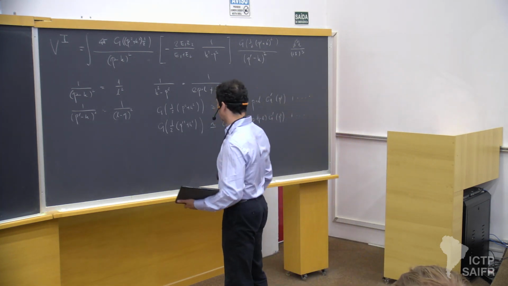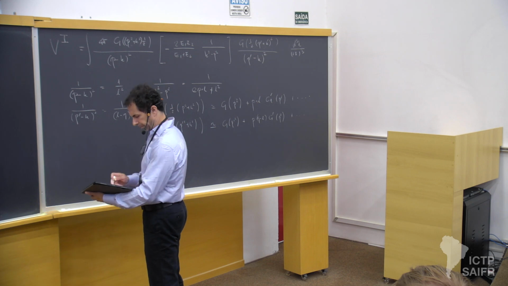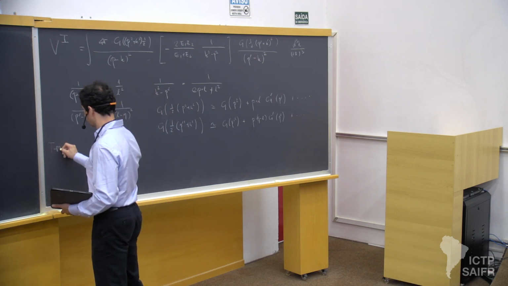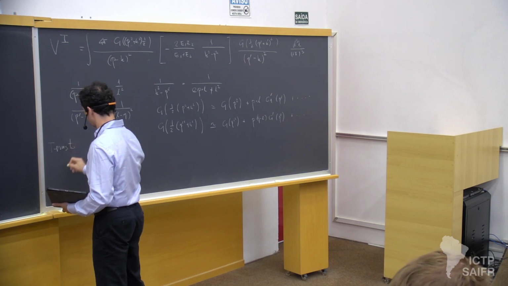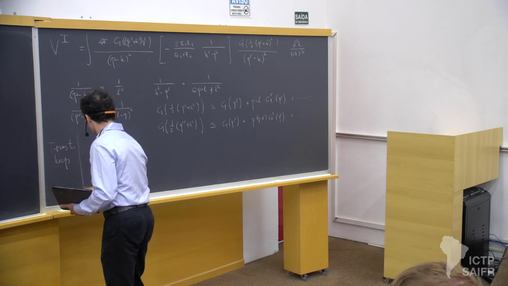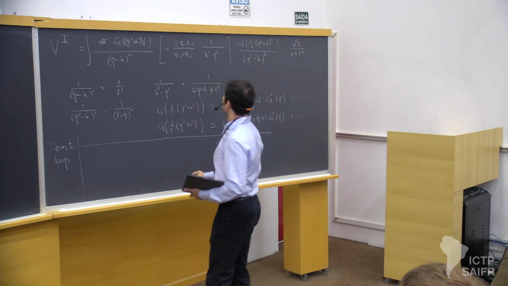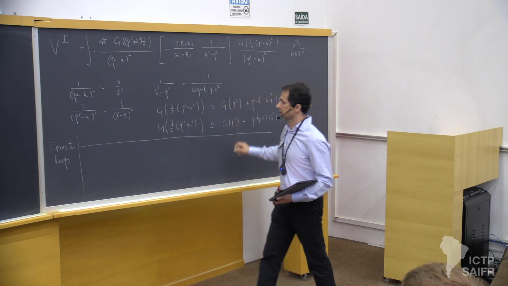Okay, so overall, let's make a table here. The terms to keep. Right, so we have terms to keep here, which are C1 times C1.